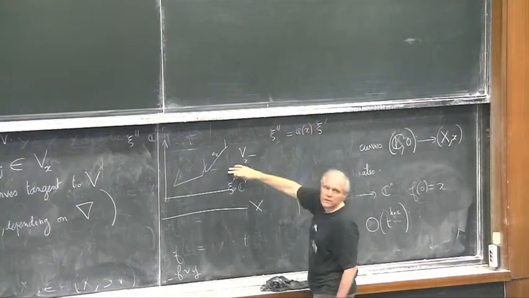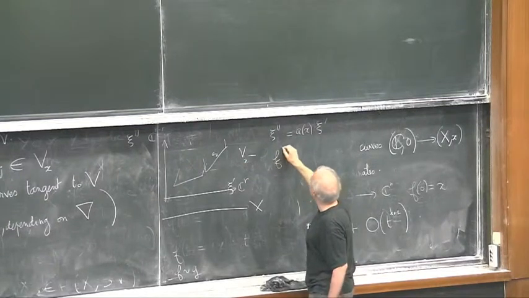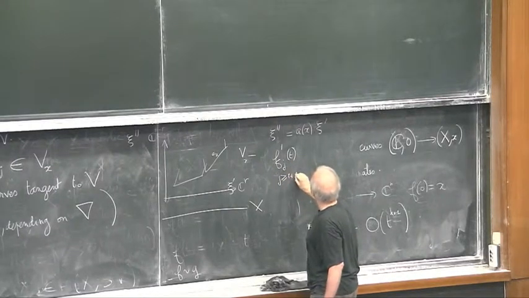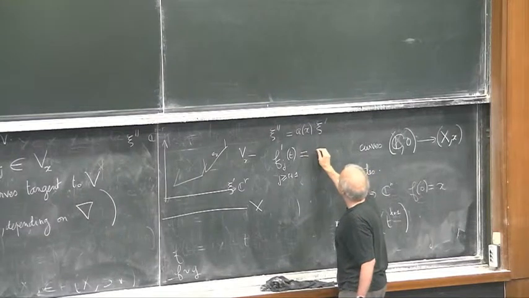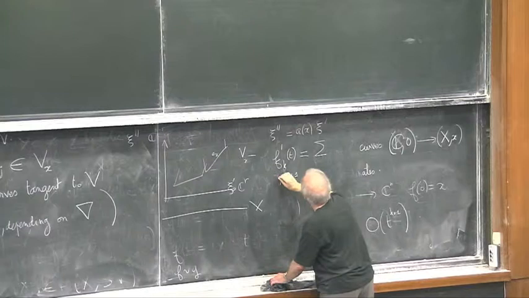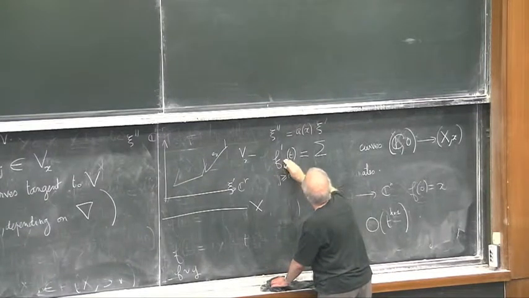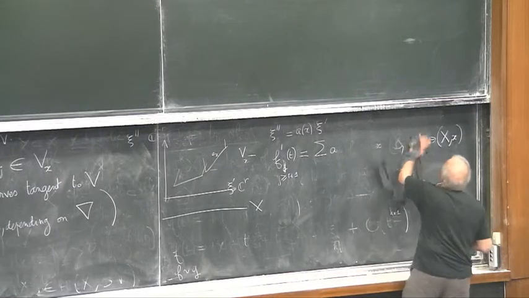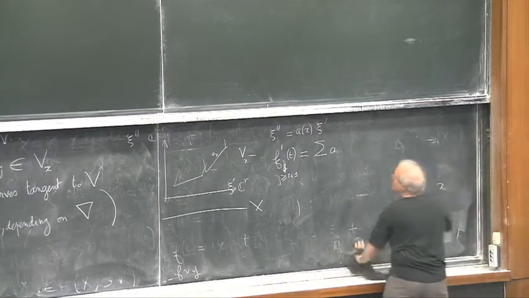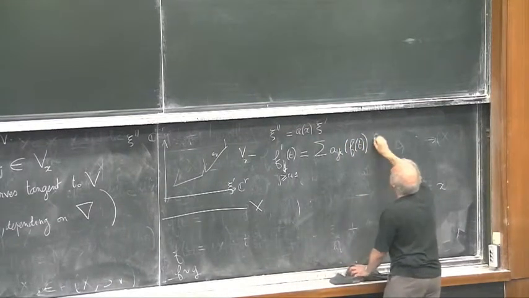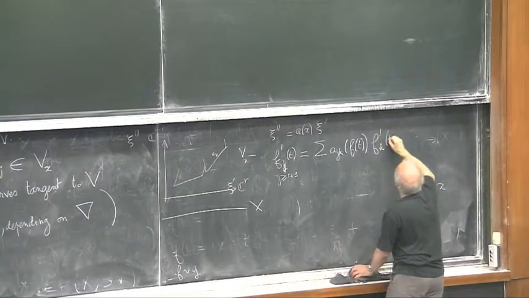And then solving this means that you have a curve such that the derivatives for j larger than r plus 1 is the sum of a jk of f of t times fk prime of t.